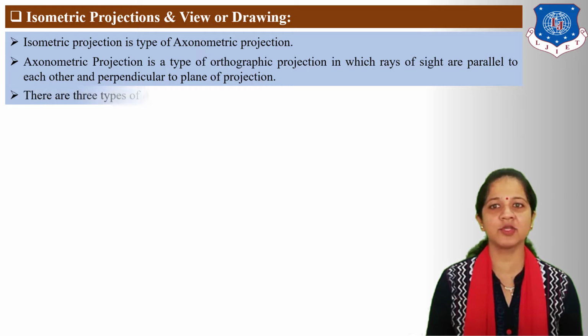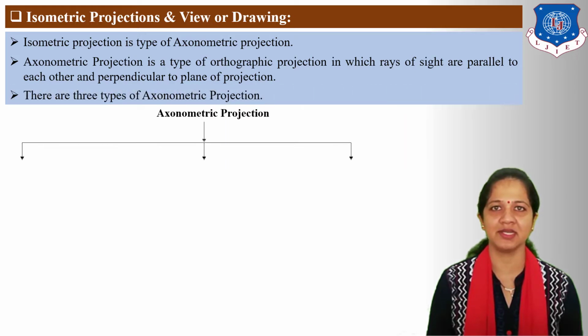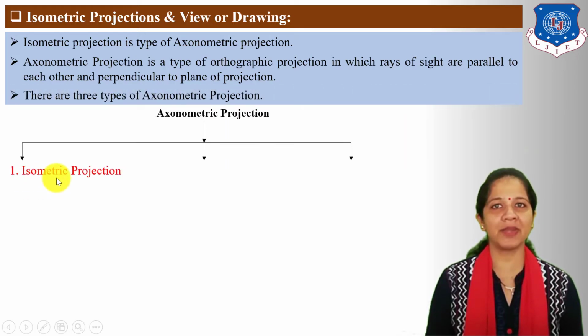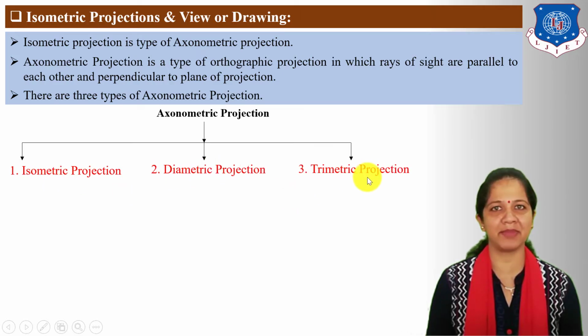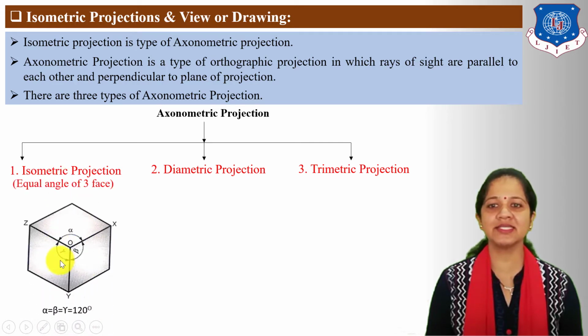There are three types of axonometric projection which are isometric projection, dimetric projection and trimetric projection. In isometric projection, you can see here equal angle of three faces, which are alpha is equal to beta is equal to gamma is equal to 120 degree.